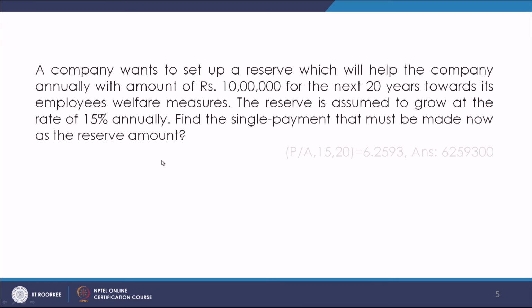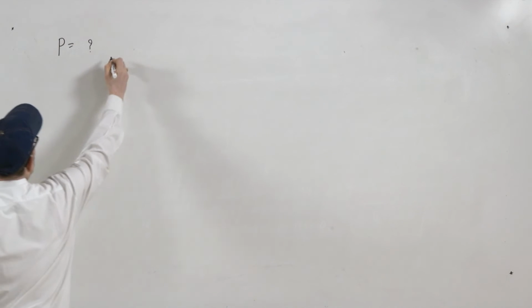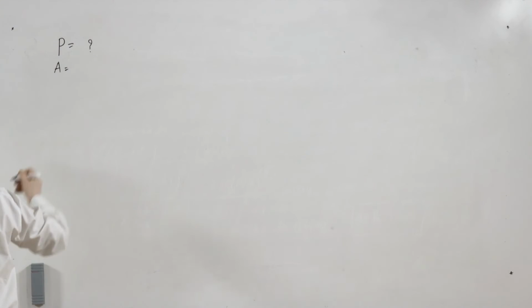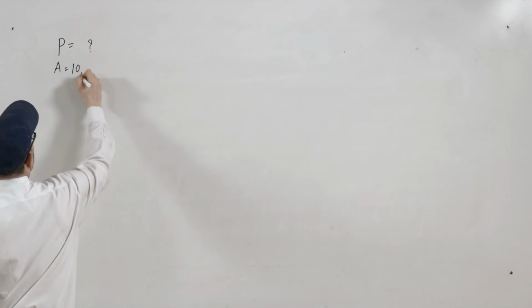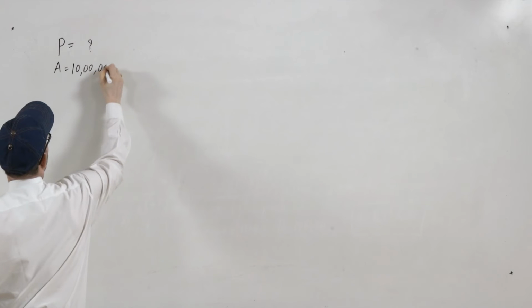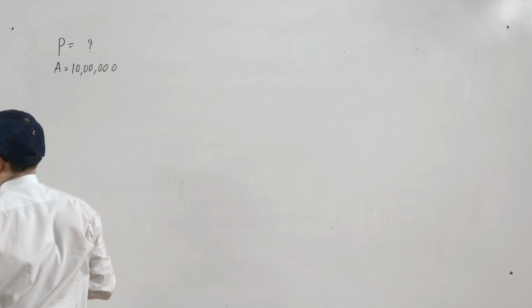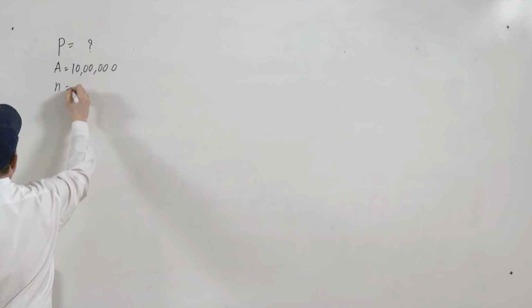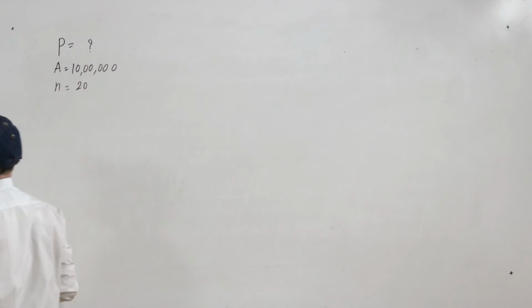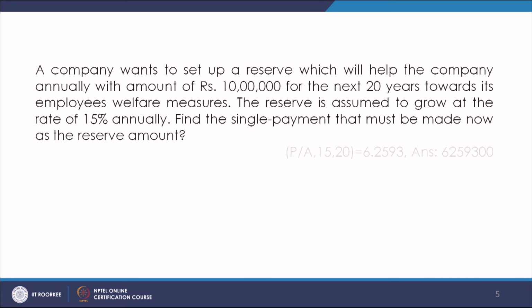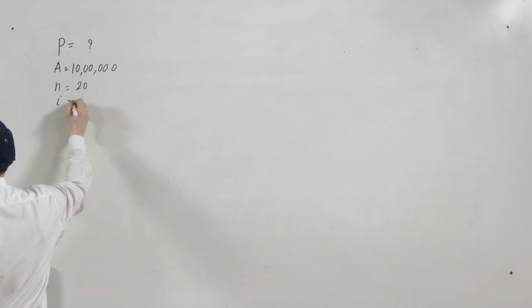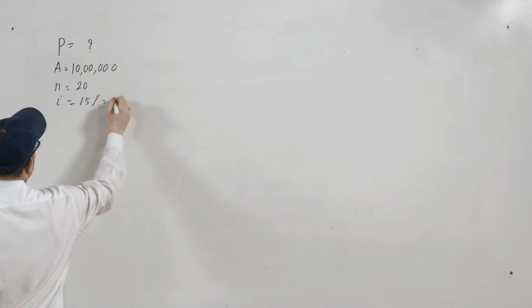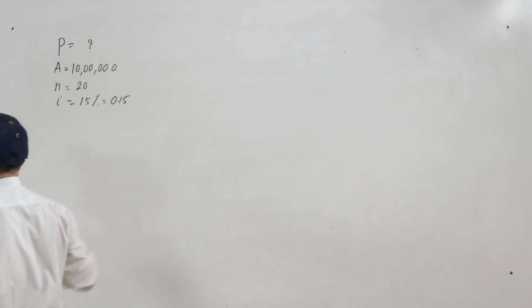What is given is the equal year end payment. A is given as 10 lakh. Then the number of years is given as 20 and the rate of interest is given as 15% per annum, that is 0.15.